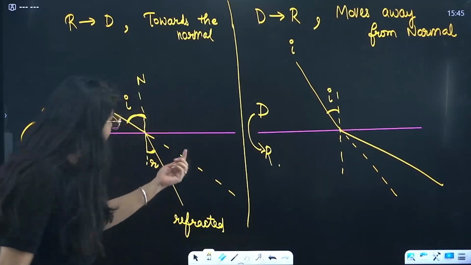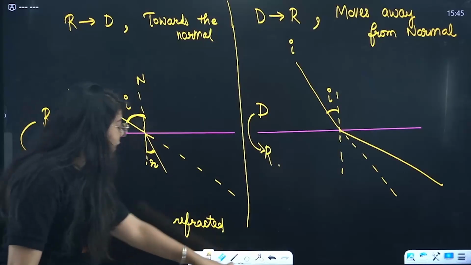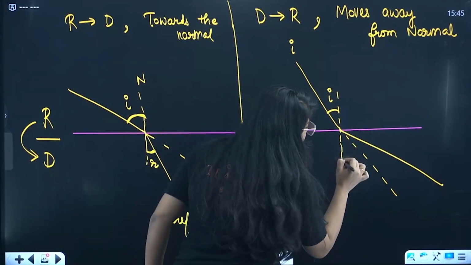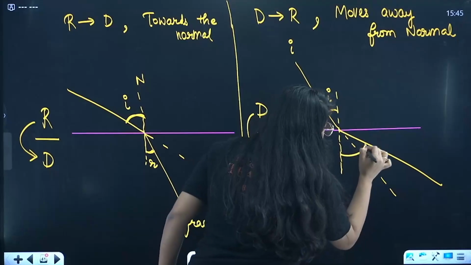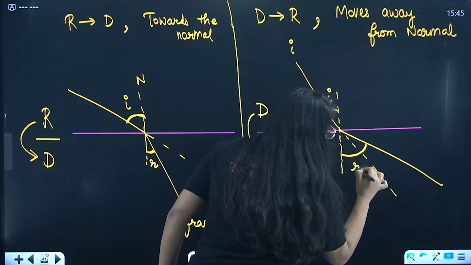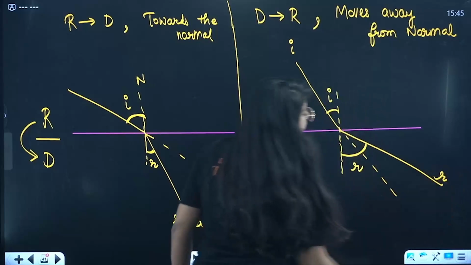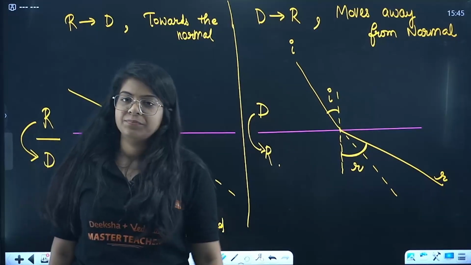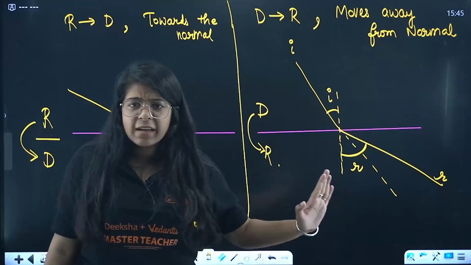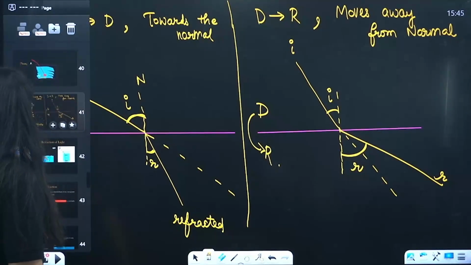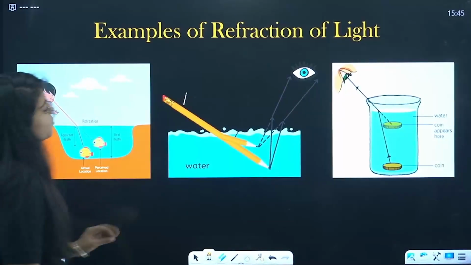Now here it bends towards the normal, but on the other hand, it bent away from the normal. The angle with the normal, this whole angle beta, is called the angle of refraction, and this is your refracted ray. Understood both the cases clearly? Very good. Then beta, let's move on to understanding a conceptual question.